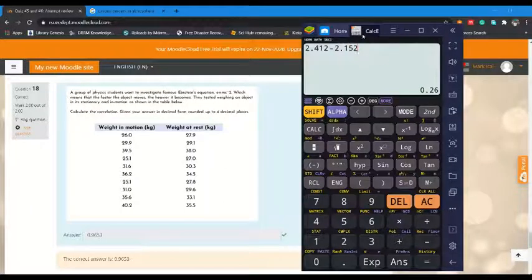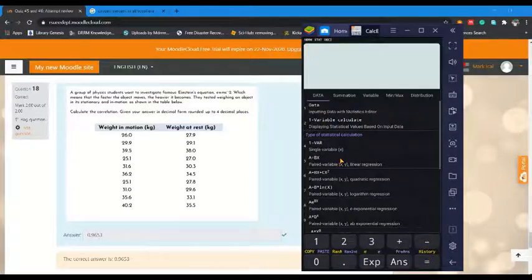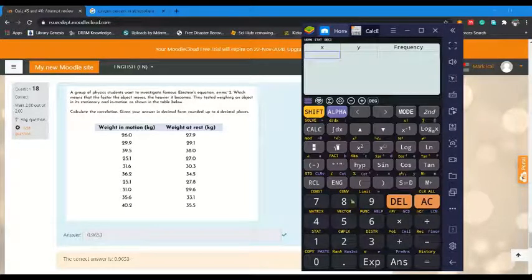So, again, use your calculator. It's faster by hand, not on the computer. It's hard on the computer. So, you have 26, 29.9, 39.5, 25.1, 31.6, 36.2, 25.1, 31, 35.6, 40.2.